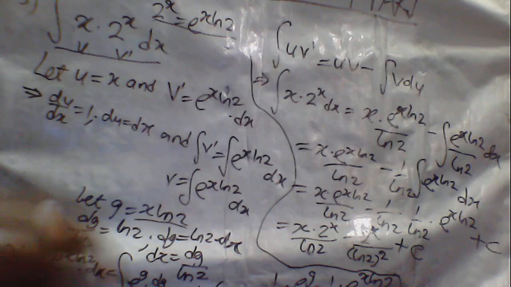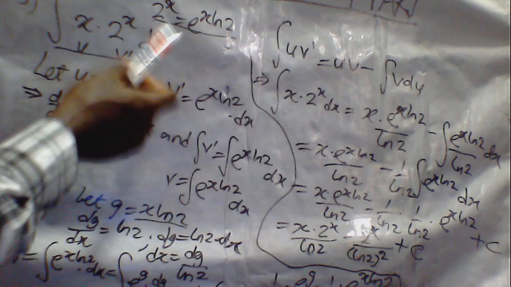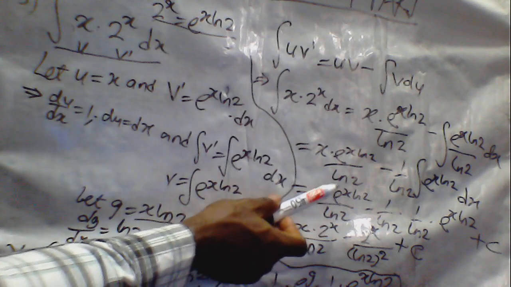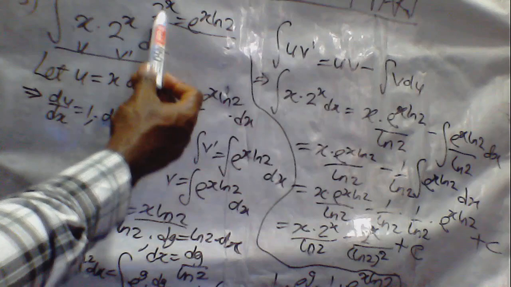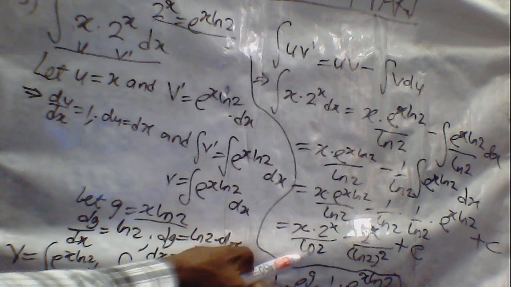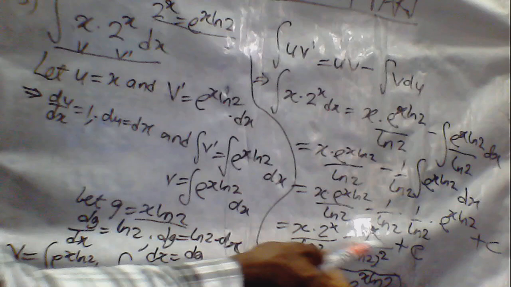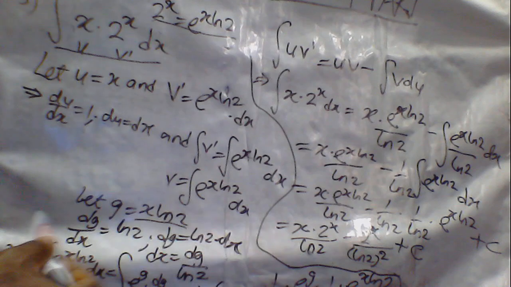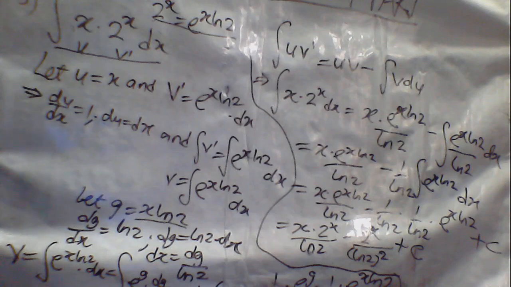If you have any question, you substitute back: e raised to the power s ln 2 is equal to 2 raised to the power s. So this gives us s dot 2 raised to the power s over ln 2 minus 2 raised to the power s over ln 2 squared plus c. So this is your final answer. Always pause the video and go through what we did.